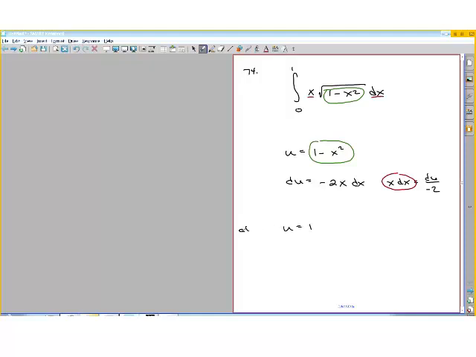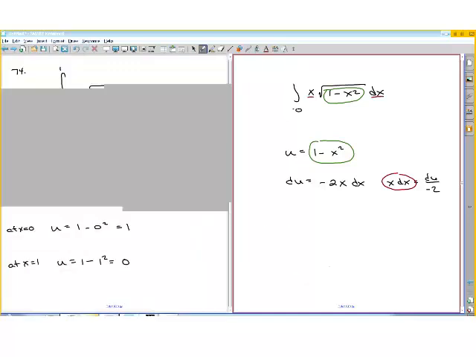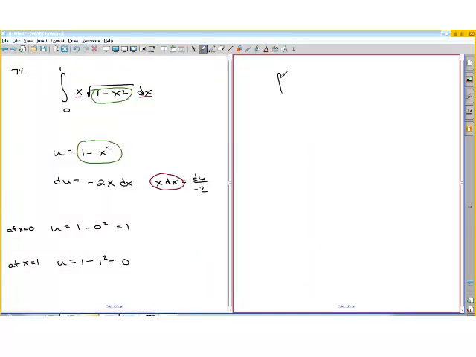So at x equals 0, which is the lower limit, we get 1 minus 0 squared, which is 1. At x equals the upper limit, we get u is equal to 1 minus 1 squared, which is 1 minus 1, which is 0. So we can rewrite the original integral, which is in terms of x.